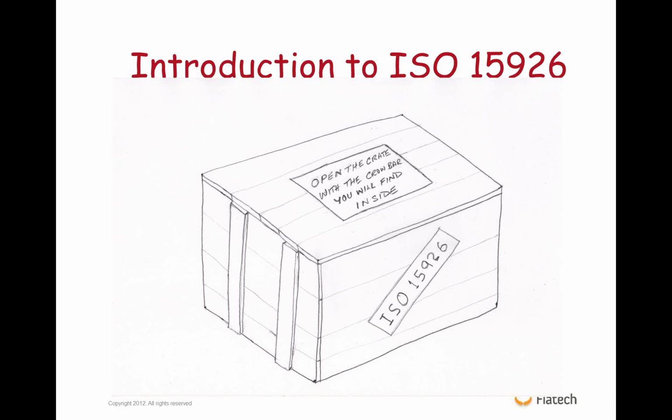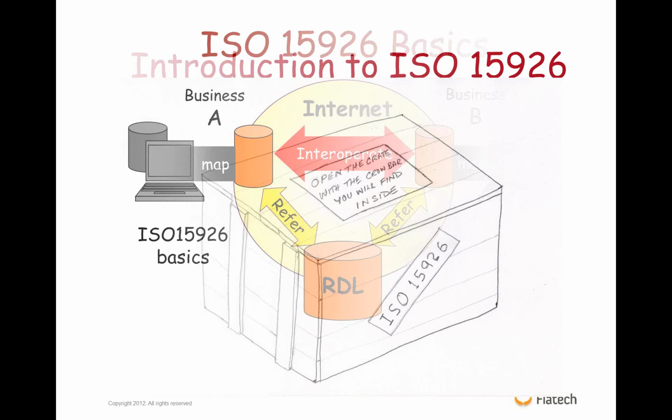15926 is made up of very many parts, and there are few easy introductions to it, but there are becoming more and more help for that. But the basic part, as I've been saying, is that we want to be able to communicate easily over the internet, and everything is focused by referencing the same classes and templates that are in the reference data library, so we know what we're talking about.